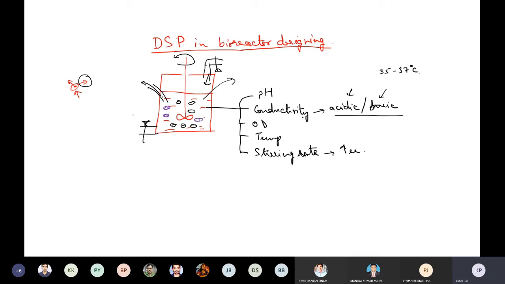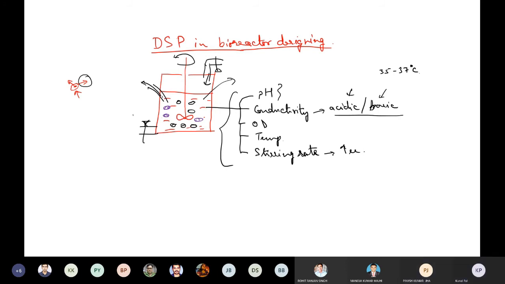So you can directly measure the conductivity, or you can look into the pH of the system and try to regulate it. So there are so many factors associated with the bioreactors which you can directly control, and by optimizing all these parameters, you can increase the quantum of the bioactive agents you want to harvest. Okay, am I clear?